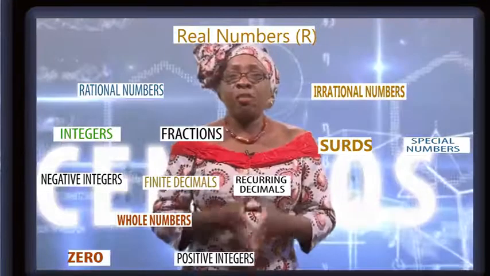Now that we have done so much on the groups of numbers, we want to try a few questions. I hope you have your pen and your paper and your calculator. If you have one, listen very carefully and try to answer the questions along with me.